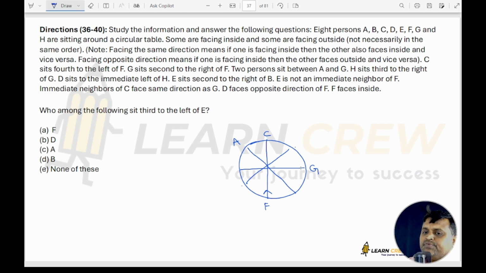So if G is facing outwards, first right, second right, third right, you can say H should be here. Okay.